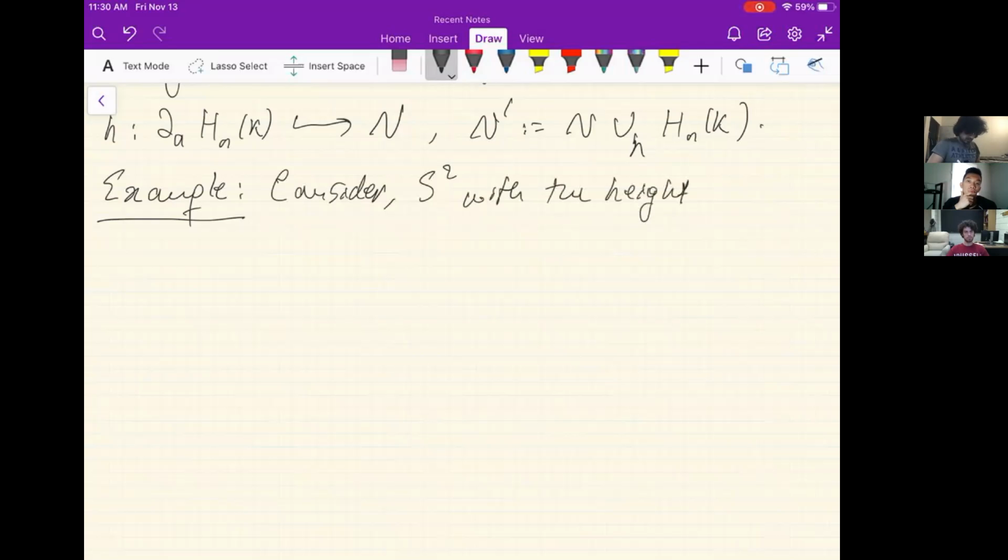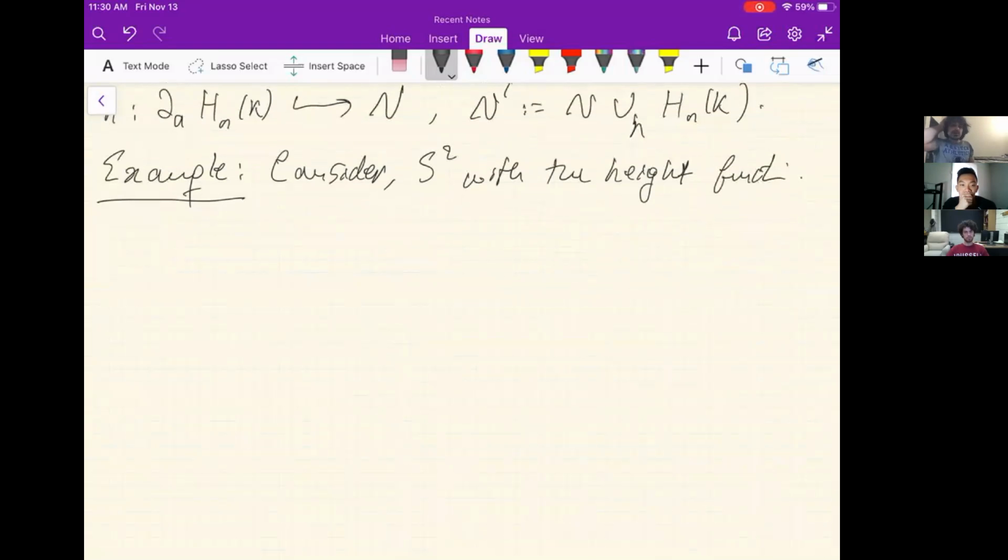Once again, by the height function, I mean it's a two-sphere embedded in R3, and we're just projecting onto the z-axis. So this guy looks like this. You have here a critical point, and you have here a critical point. Let's say this is P, and this is Q.